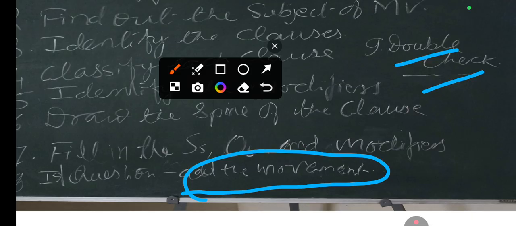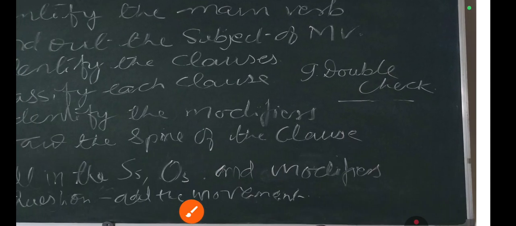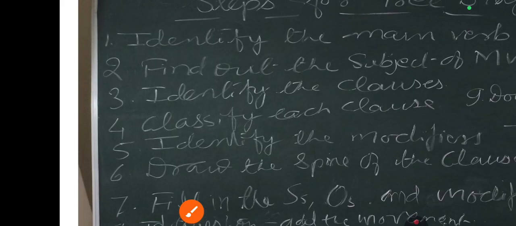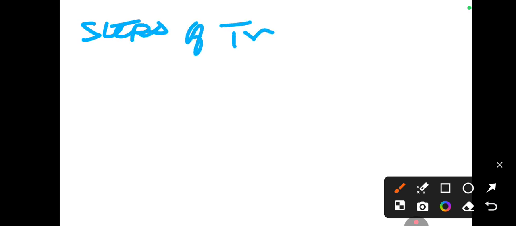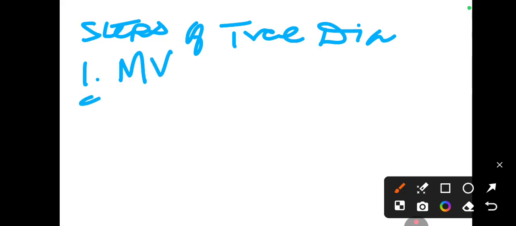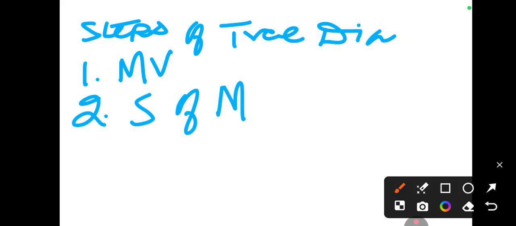We have to check. So I'm writing here the steps for tree diagram. First step is identify the main verb. Number two, subject of the main verb.